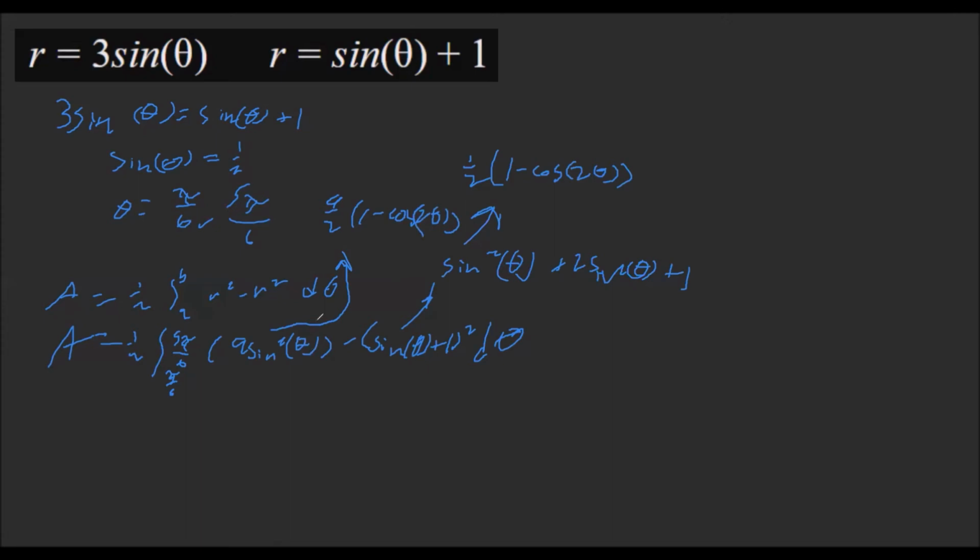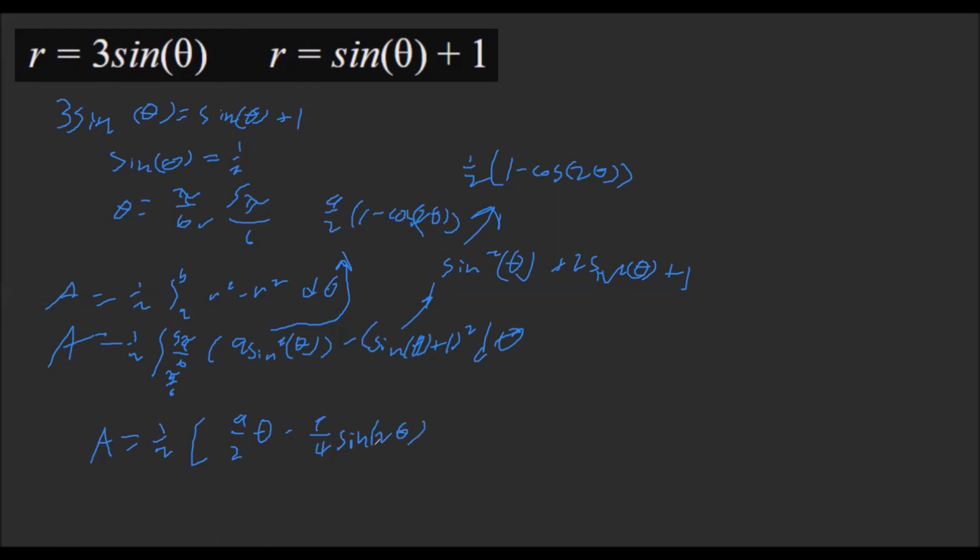From here, we just need to take the antiderivatives. So A equals 1/2 times what is about to be inside these brackets. The antiderivative of 9 over 2 times 1 minus cosine 2 theta is going to be 9 over 2 theta minus 9 over 4 sine 2 theta.